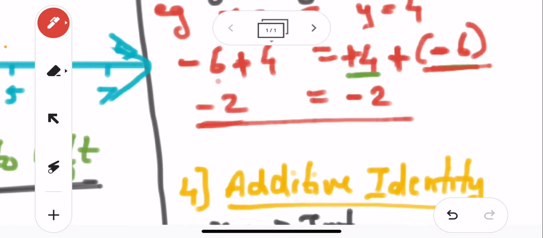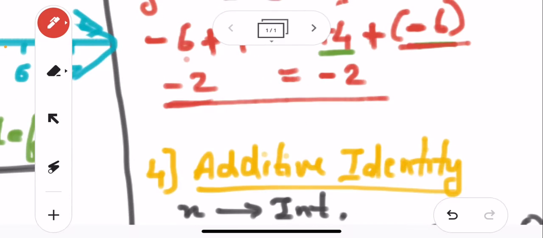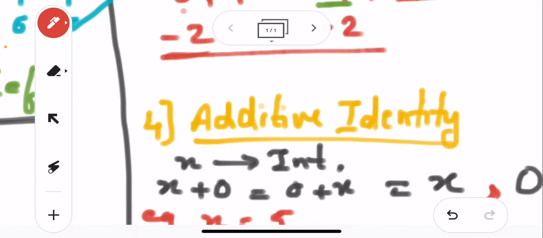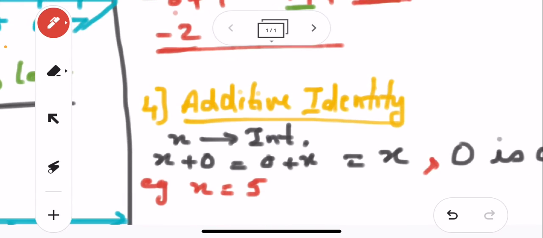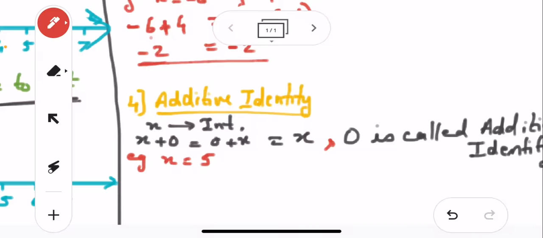The next property is additive identity. Here, suppose x is one integer. When we add 0 to the integer, that is x plus 0 or 0 plus x, the answer will always be the same. So here 0 is called an additive identity.